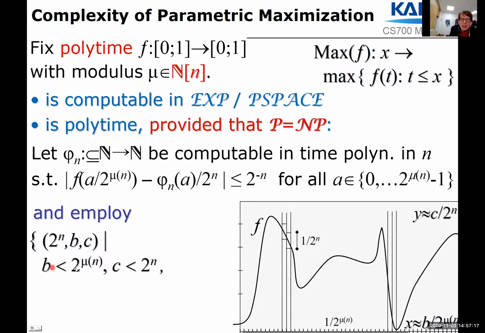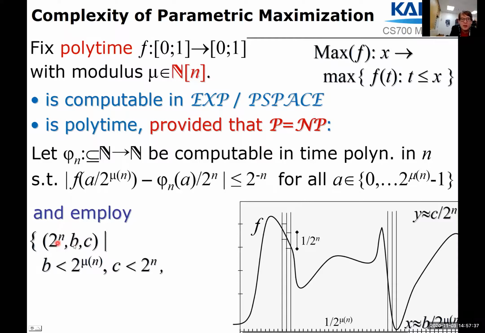And as you can see, these quantities all have value exponential in n. Here it's obvious, but here it's also exponential in n because we use a polynomial. Value exponential in n, and therefore binary length polynomial in n, right?